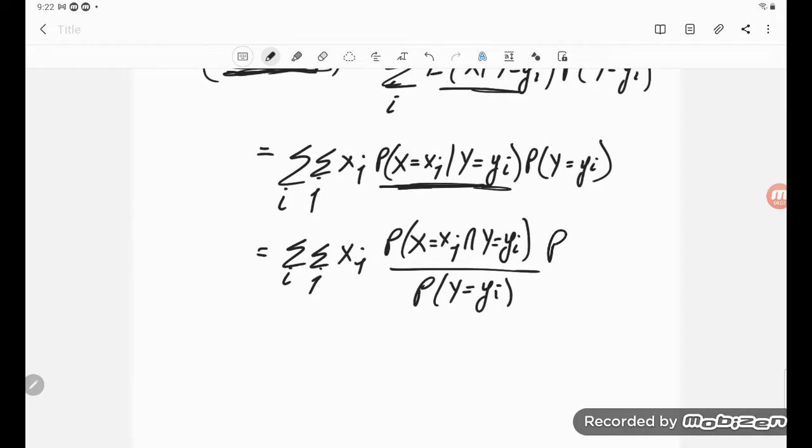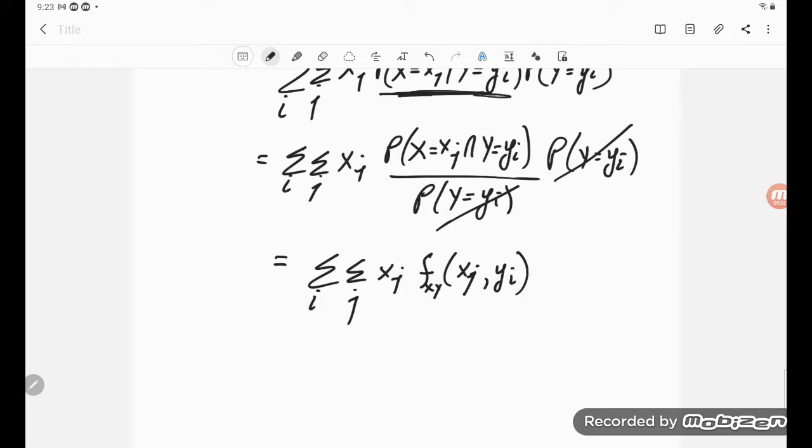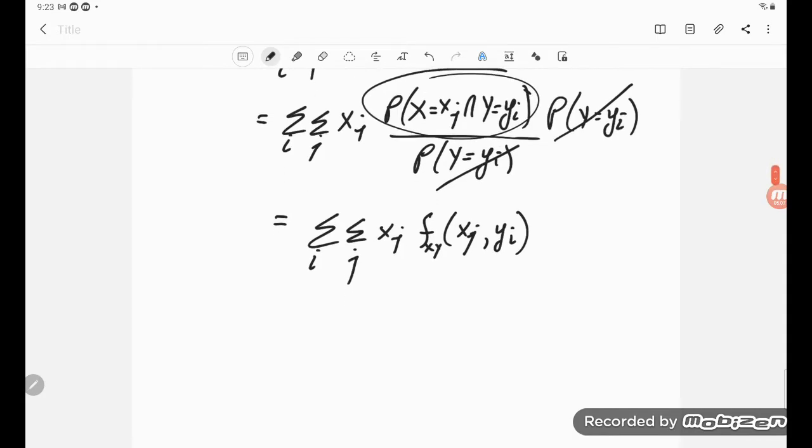Those cancel. What remains is the joint, f of xj, yi, the joint probability distribution.